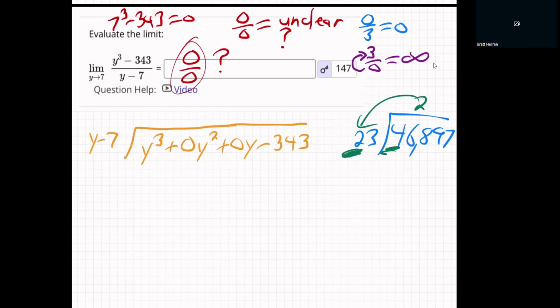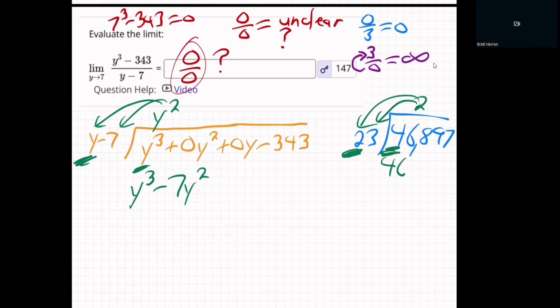Front and front. So same thing here. Front and front. What am I going to put up here? Y squared, because y squared times y is going to work. Y squared times y is going to be y cubed, and then y squared times minus 7 is minus 7y squared. You see that? That's exactly what we would do with the 2. We'd multiply both those and get 46, right? Just think about normal long division. Same thing here. And now what do you do?